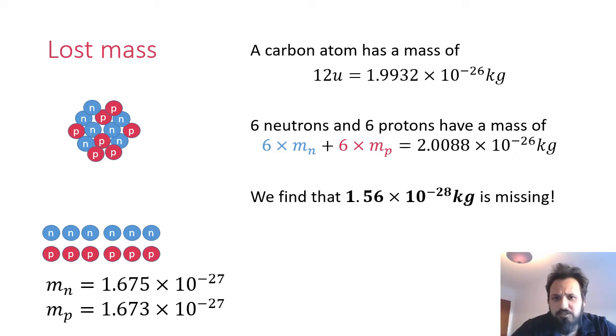So we've got a very small amount of mass, but still a significant amount, missing. That's a problem. That breaks the rules that we said our chemistry teacher taught us at GCSE. So we need to find a solution to this.